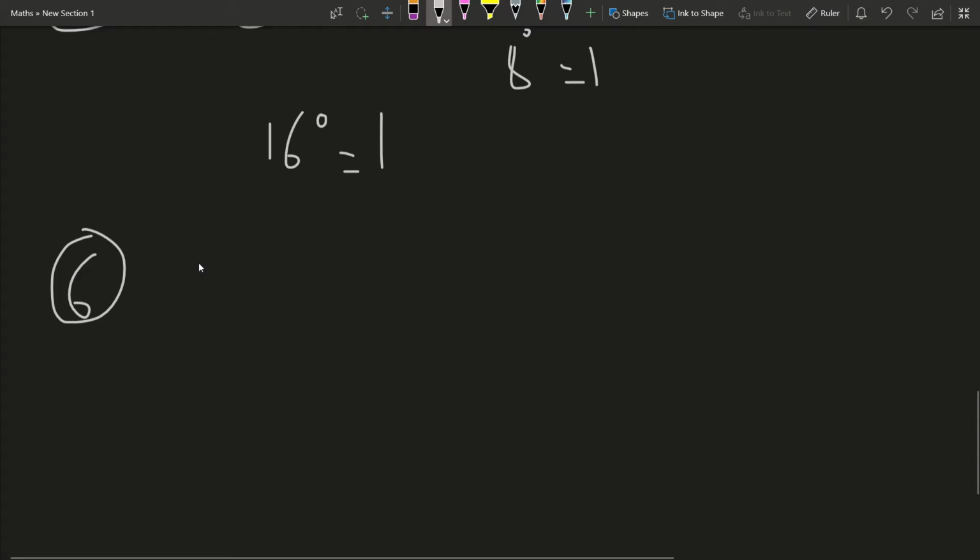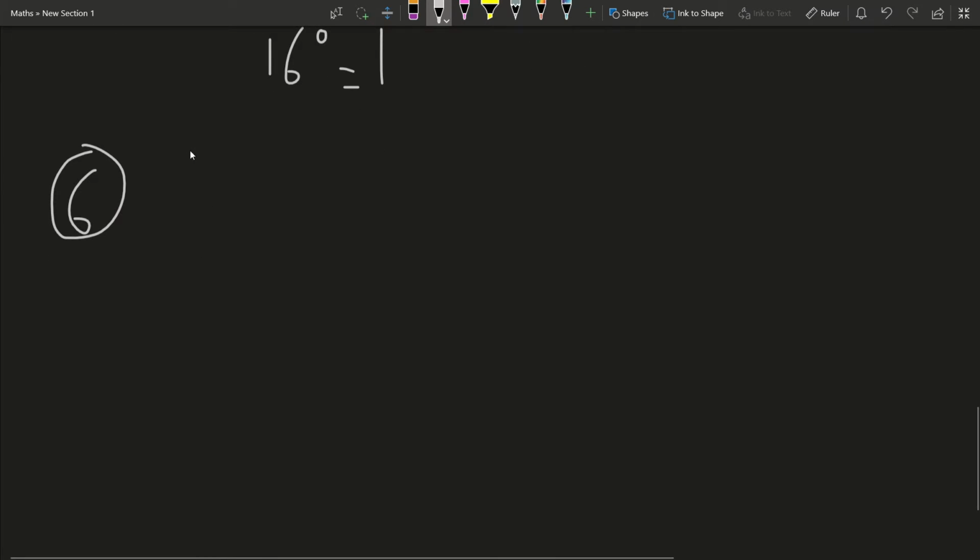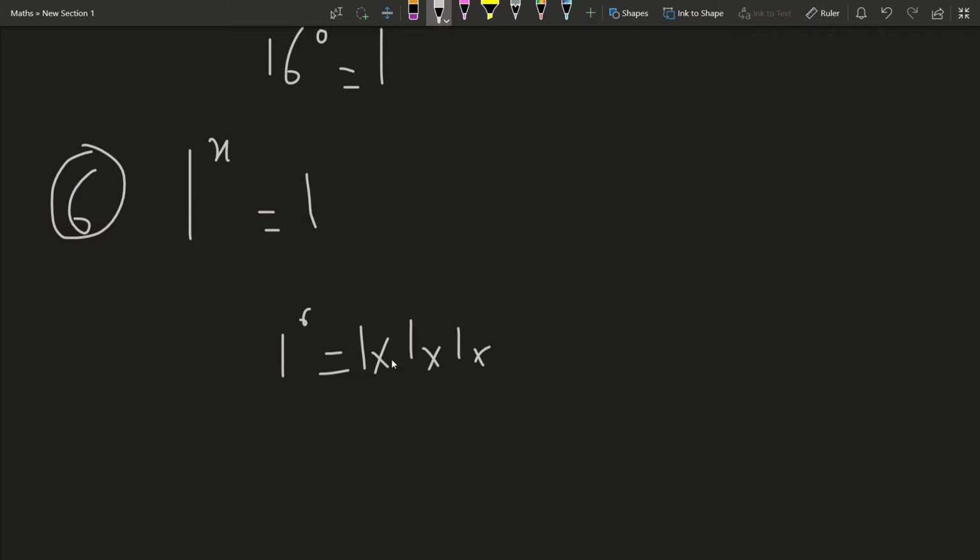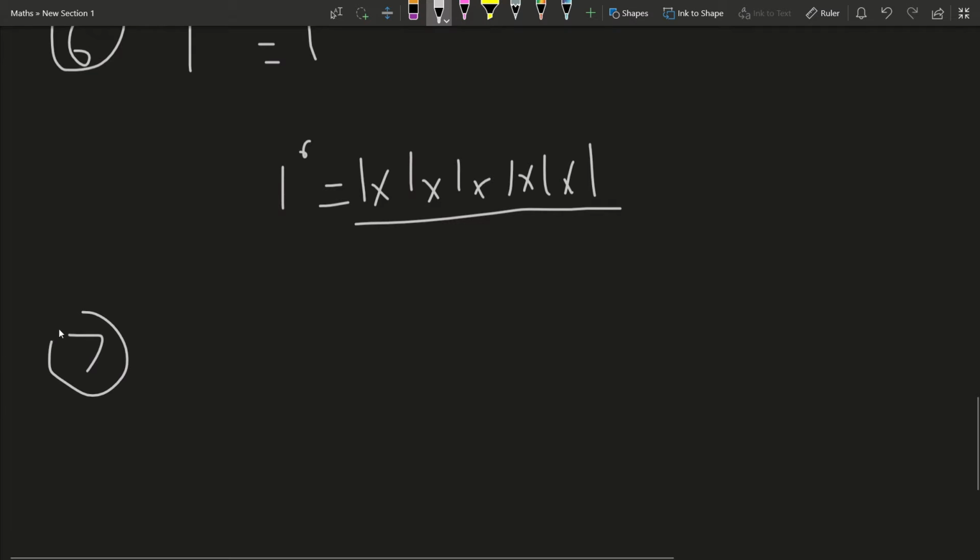And the sixth, we have 1 to the power of anything is going to be 1, because let's say it's 1 to the power 6. It's going to be 1 into 1 into 1 into 1 into 1, 6 times, and 1 into 1 is always going to be 1, which is why it's 1. Then we have number 7.